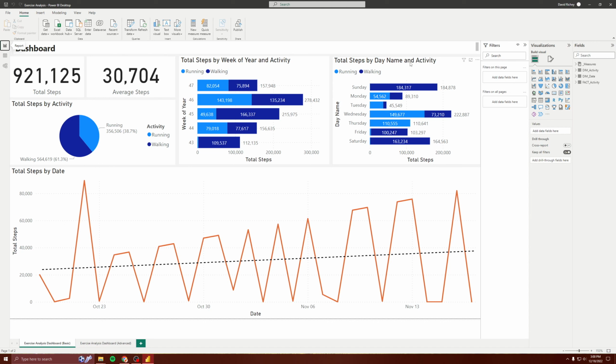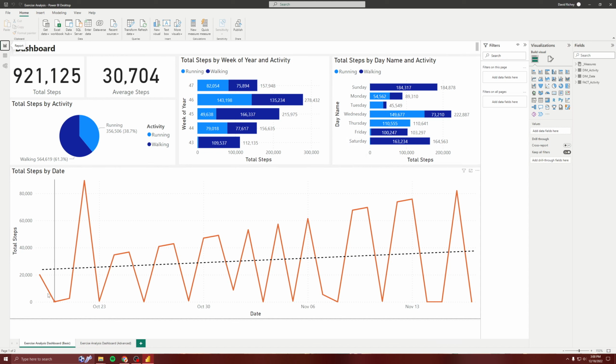Here we have total steps by day instead of week. So we see, okay, Sundays we did pretty much all walking, and like 500 was running.